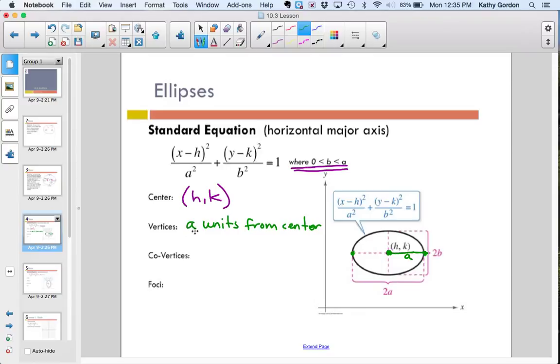So for my ordered pairs then, for the vertices, it's h that I'm going to add or subtract a to get those other points. k is going to stay the same. So if I add a units to my h value, I'll get this vertex. If I subtract a units from this h value, then I'll get that vertex. Okay? That make sense?